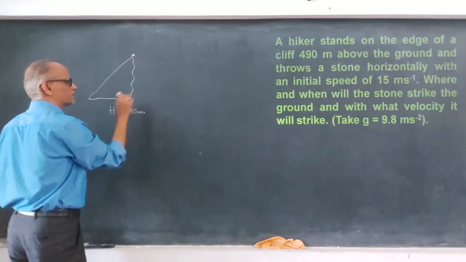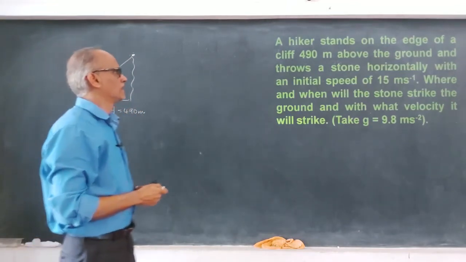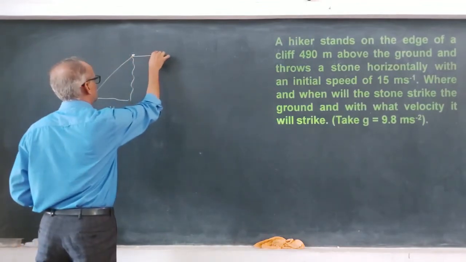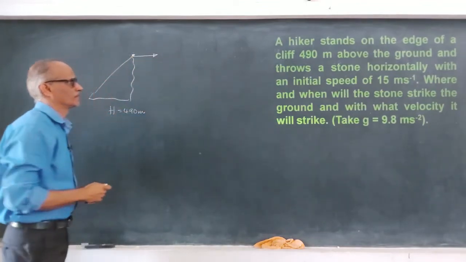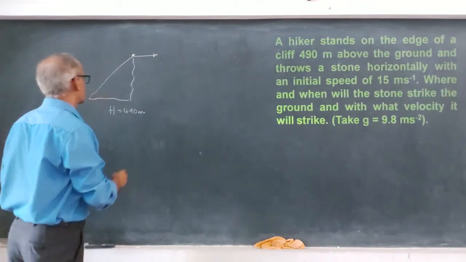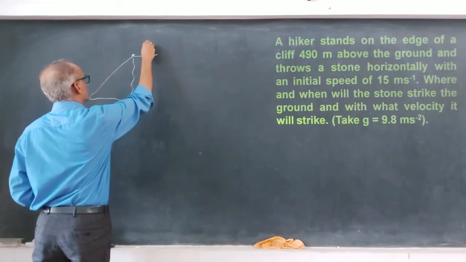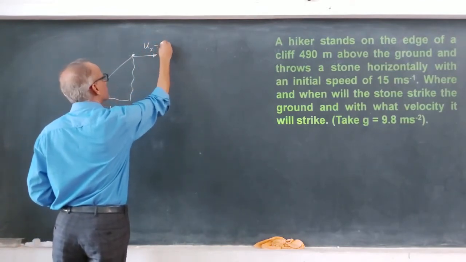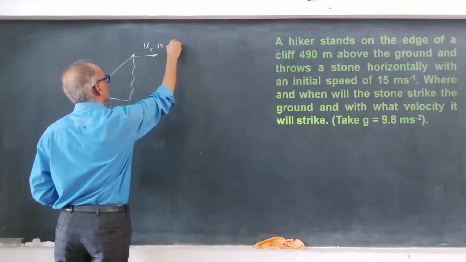490 meter above the ground, and throws a stone horizontally. So, he throws a stone horizontally like this, horizontally with an initial speed of 15 meter per second. So, horizontal means its initial horizontal ux is 15 meter per second.